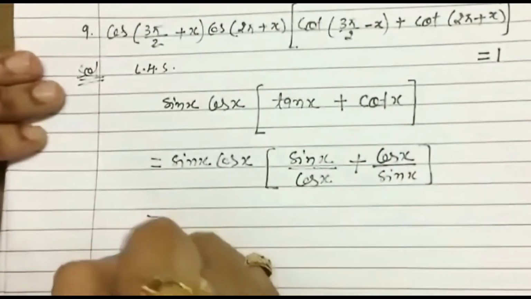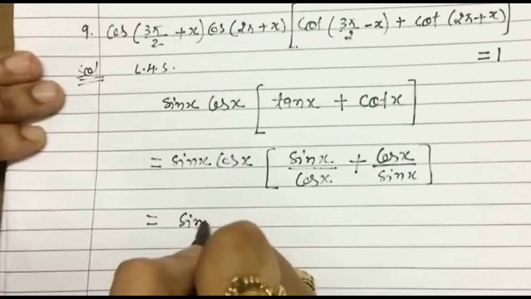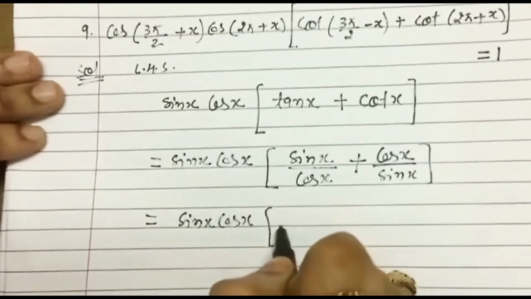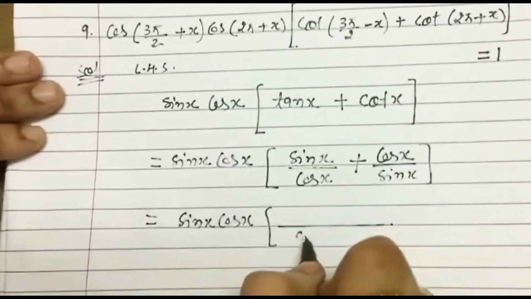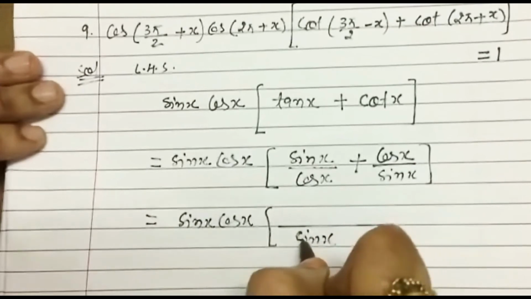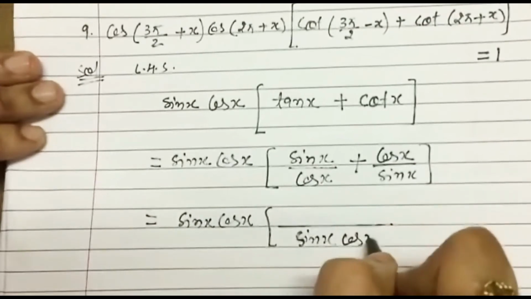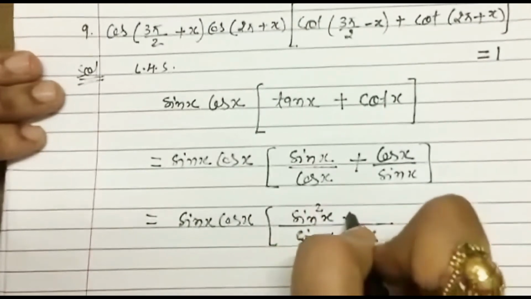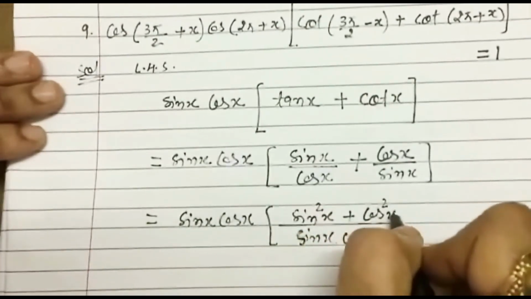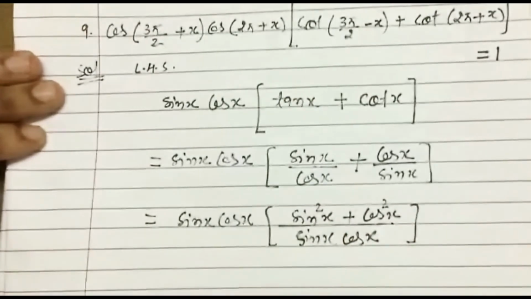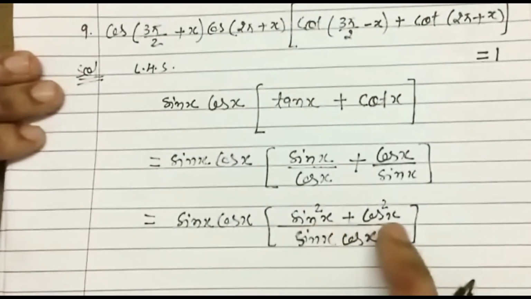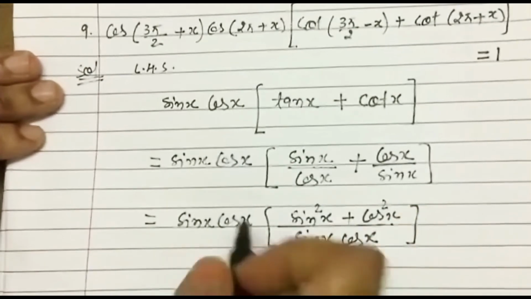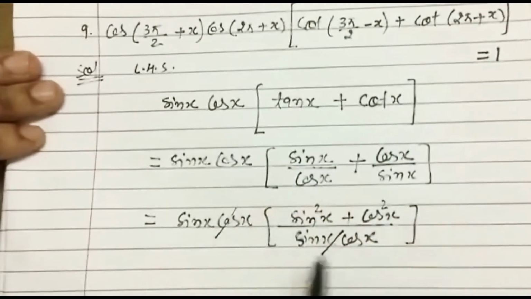Now take LCM. Here sin x cos x, and here it's sin x cos x. It becomes sin square x plus cos square x. Now apply the identity. Sin square x plus cos square x is 1, and this sin x cos x will cancel with this sin x cos x.